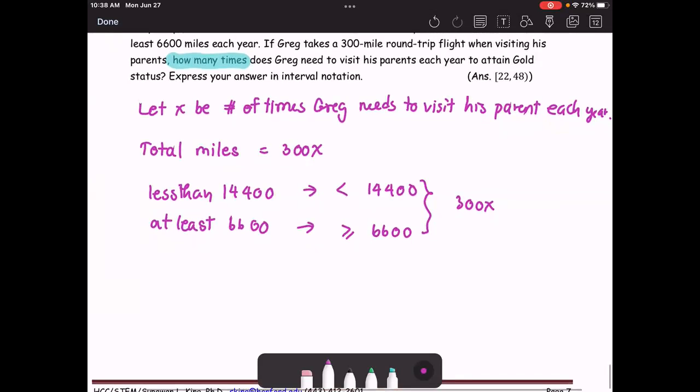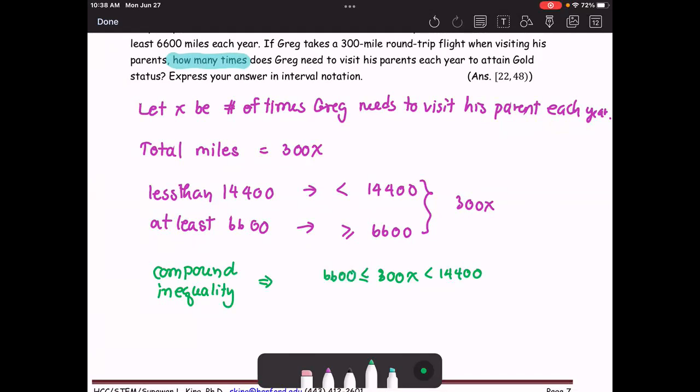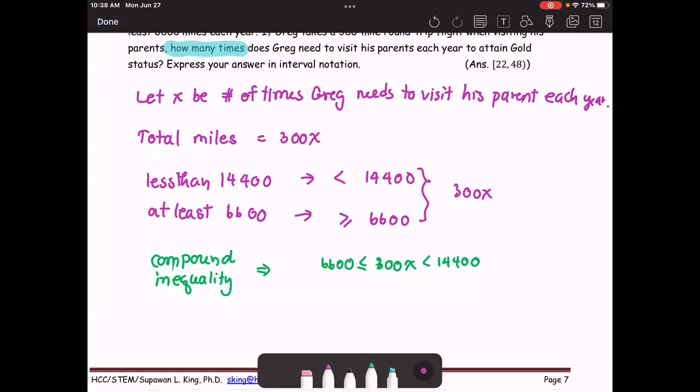So we're going to set up the compound inequality for this problem. The total mileage, 300 times x, is strictly less than 14,400, and the total mileage is greater than or equal to 6,600. After we get this compound inequality, we are going to solve for x.